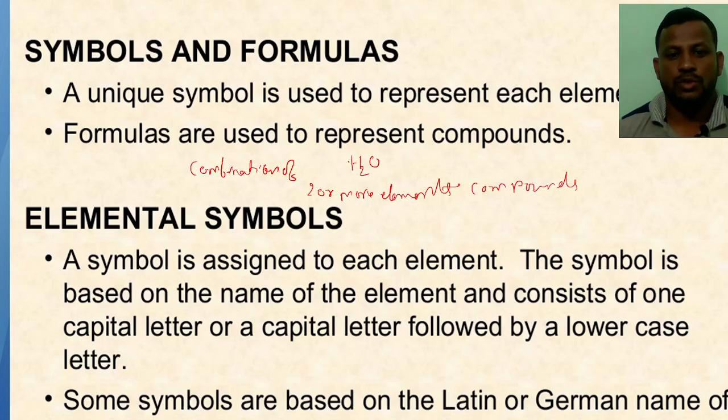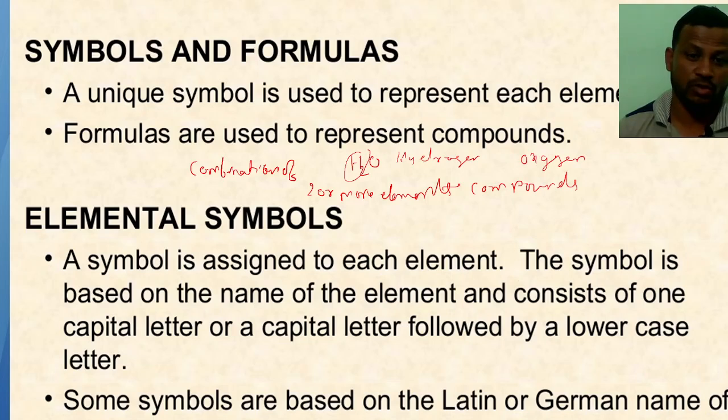Here we use the symbols of elements. One is H, which is hydrogen, right? Another one is oxygen. The combination of hydrogen and oxygen forms water. Water is the compound.